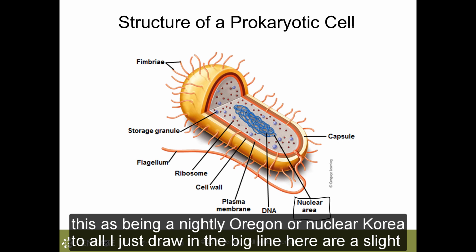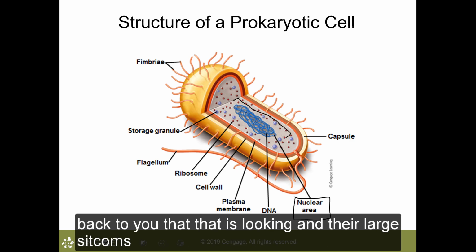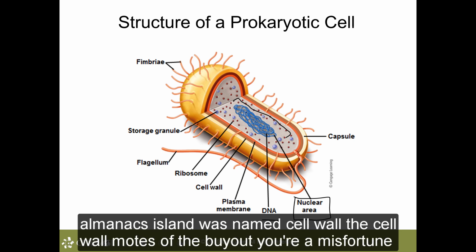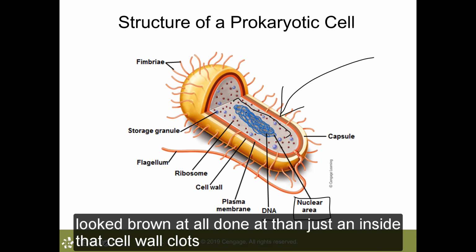I might just draw a little line here, just like that. That is what contains their large circular chromosome. From there, it does say that there is DNA. And next, I believe, was the cell wall. The cell wall looks a bit brown here in this photo.